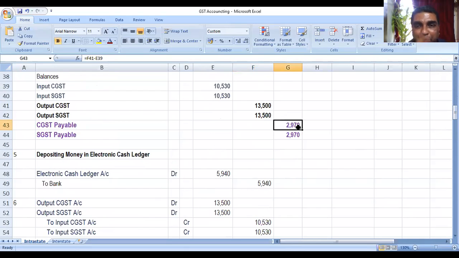Now how much is payable? This is the liability and this is the credit already available. This is my current liability, this is my current asset. So there is a need to set off both. How much do I have to pay?